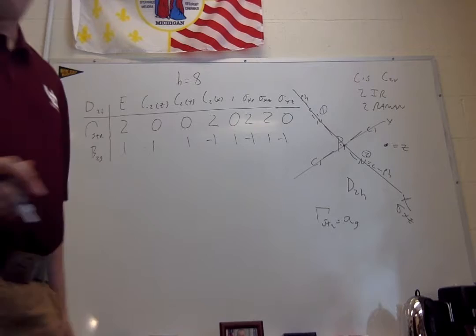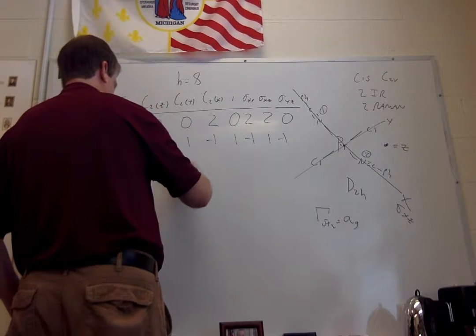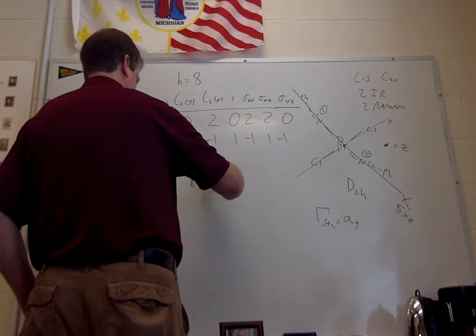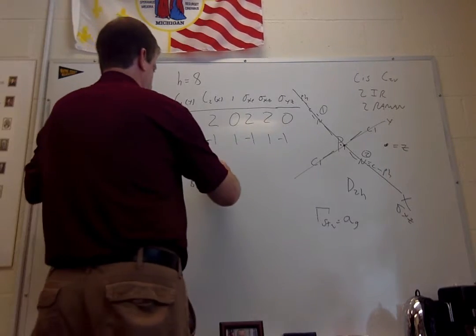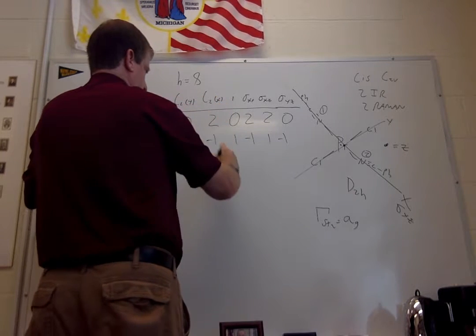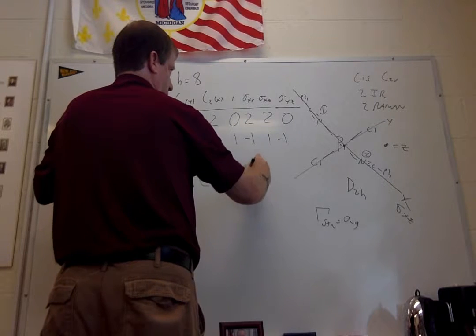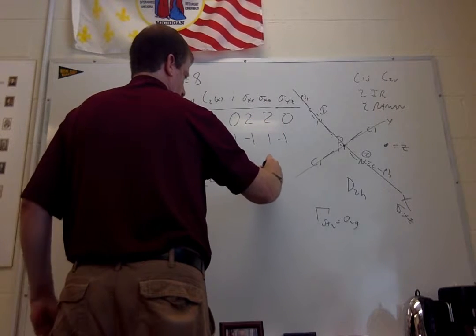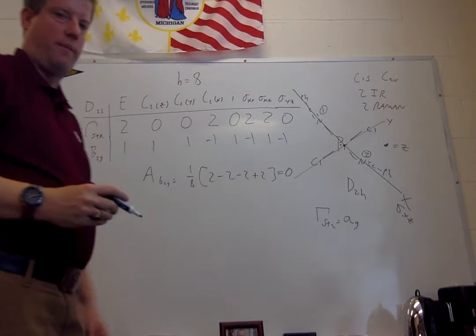And so what's the contribution of B2g? That's 1/8. 1 times 2 times 1 is 2. 1 times 2 times minus 1 is minus 2. 1, 2, minus 1, minus 2, and 2. So 0 for that one as well.